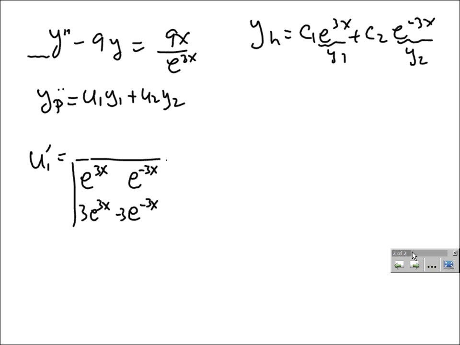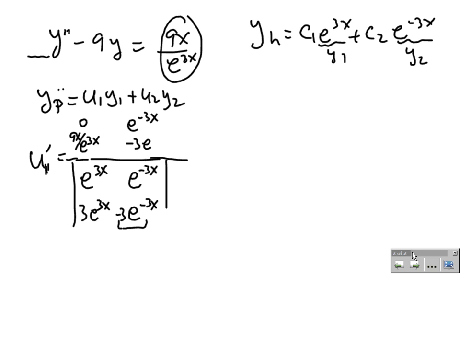And in the numerator, it's going to be similar, except one column will be 0, 9x over e to the 3x. And that's going to be column 1. The second column is just like the second column in the bottom. e to the negative 3x, negative 3e to the negative 3x.